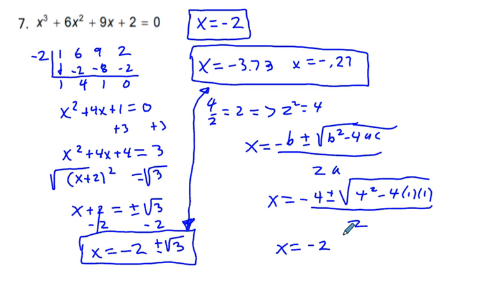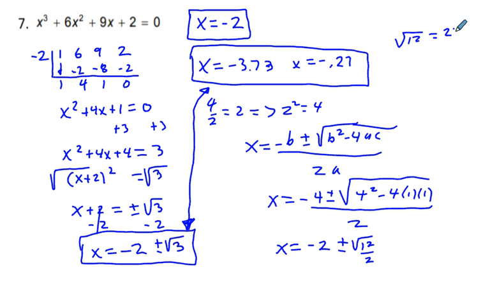And then you have this: 4 squared minus 4 times 1 is going to be plus or minus square root of 12 over 2. And square root of 12 can be rewritten as square root of 4 times square root of 3.